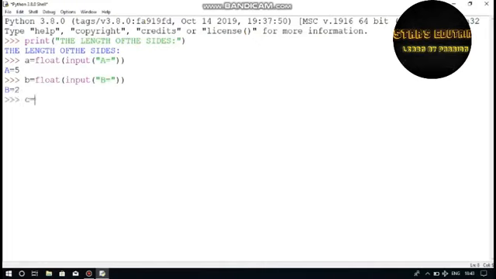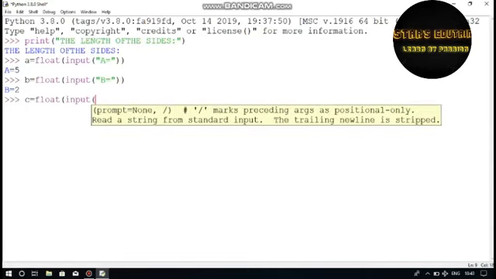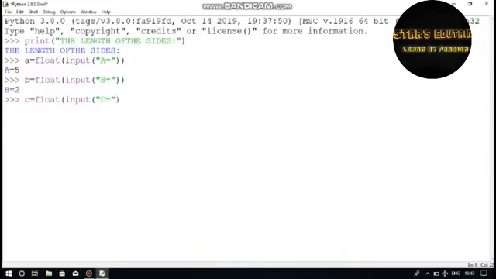And I want to take c as float, the same thing in the input field, and in the text of c equals, also with double parenthesis. I want to give c equals 4.5 for my convenience.